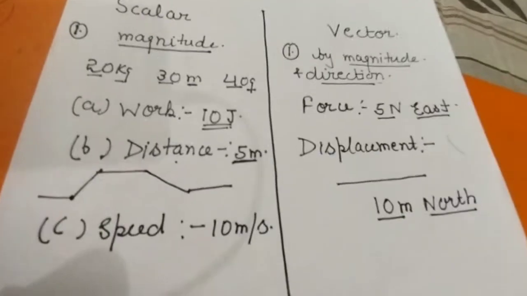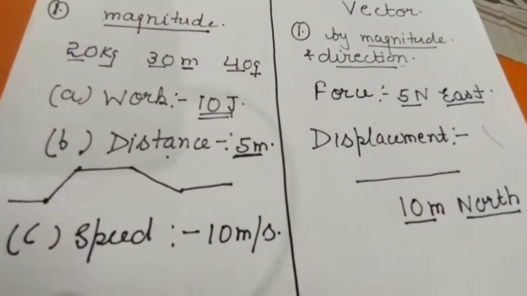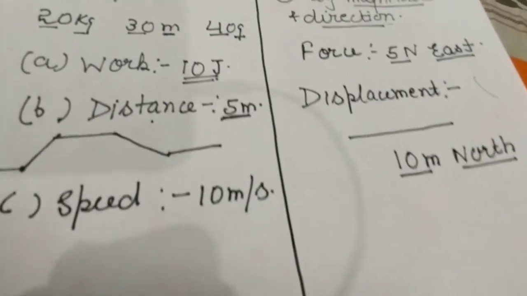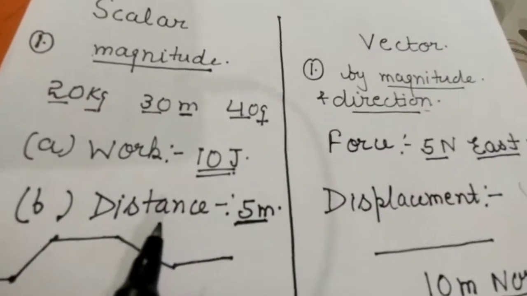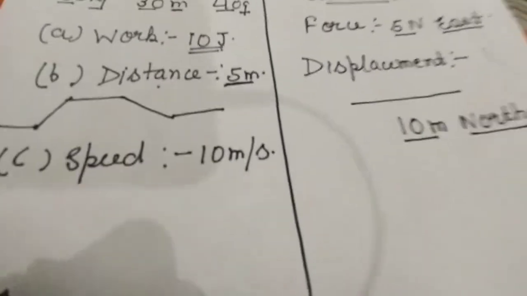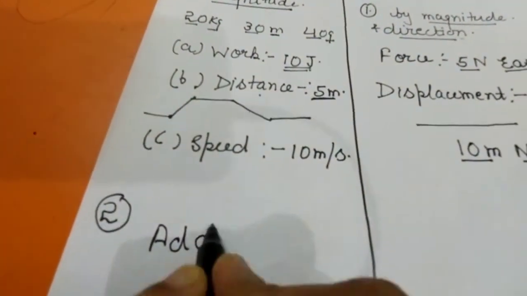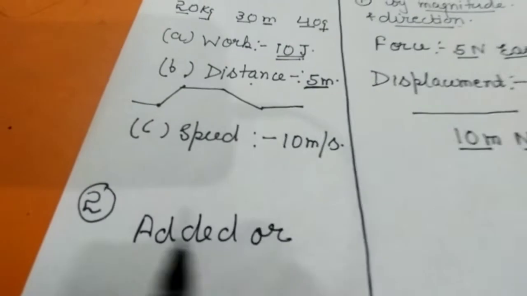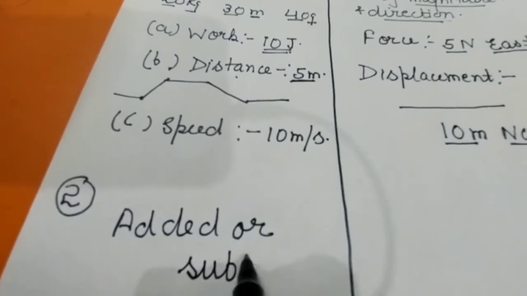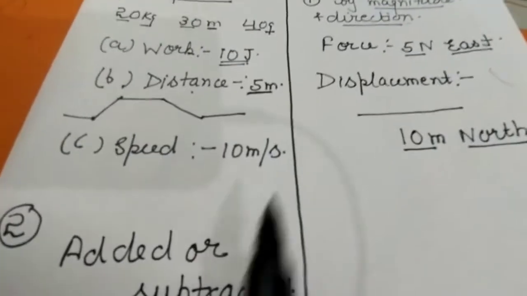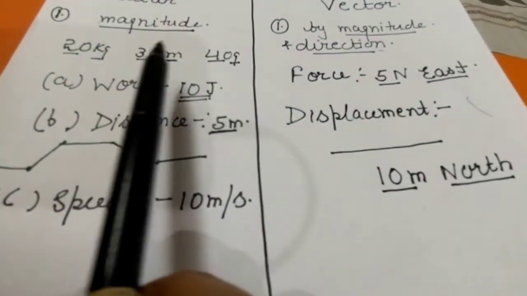Now the second difference between both the quantities is that scalar quantities can be added or subtracted. Why? Because scalar quantity has only magnitude.